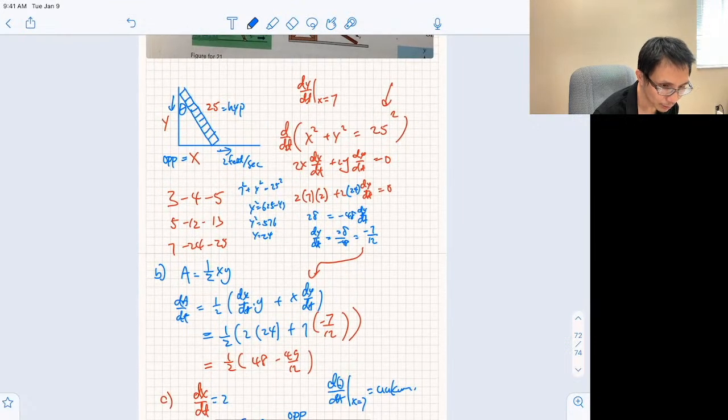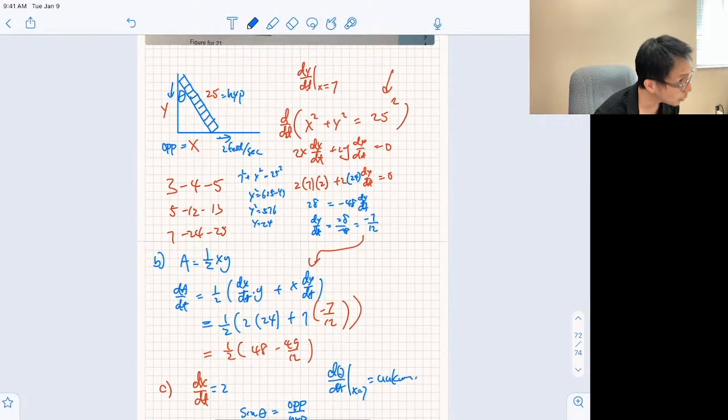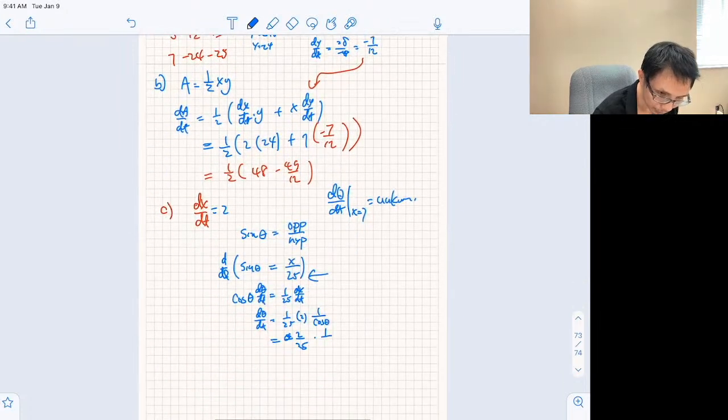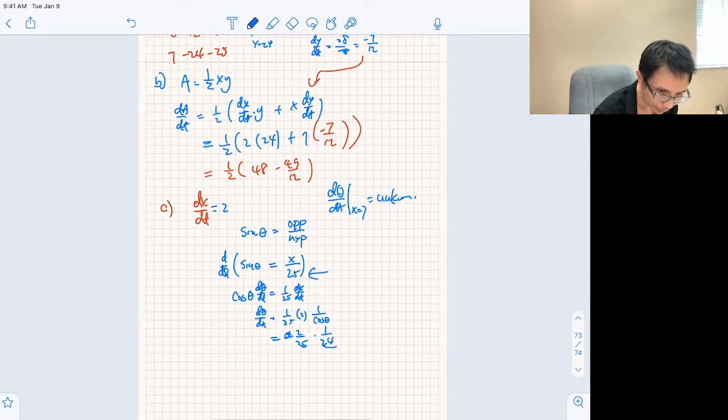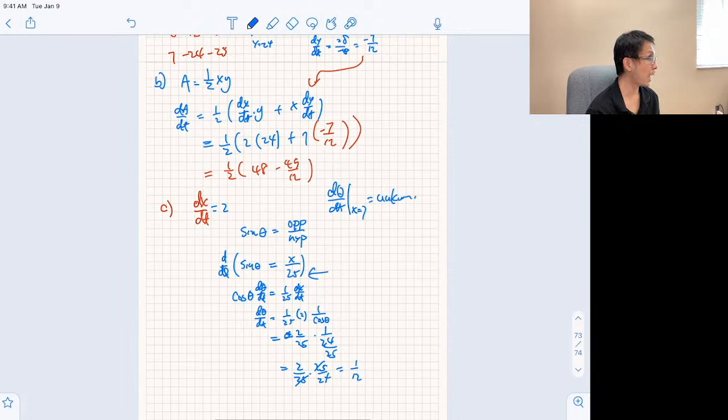Adjacent is going to be what? 24, good. Over what? 25, right? So that'll be 2 over 25 times 25 over 24. It worked out pretty nicely. 1 over 12. It's positive. It looks good because it's increasing. Whoa, perfect.